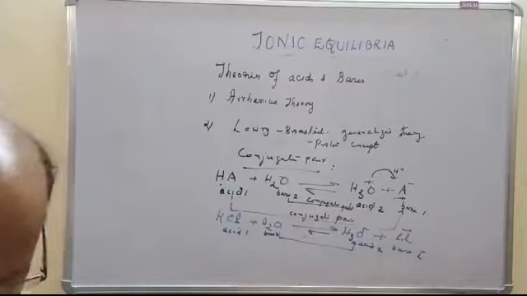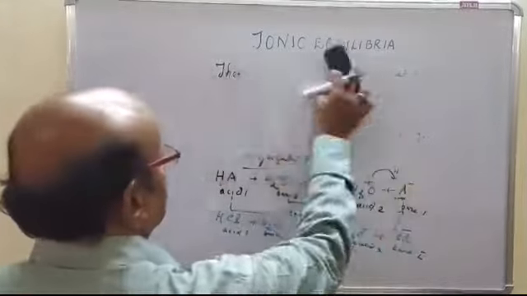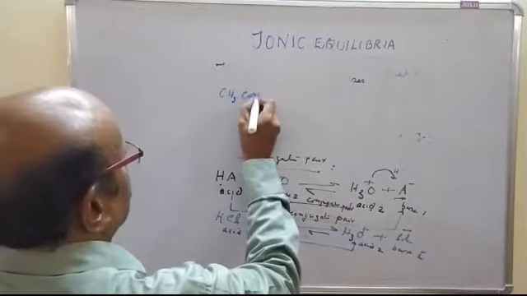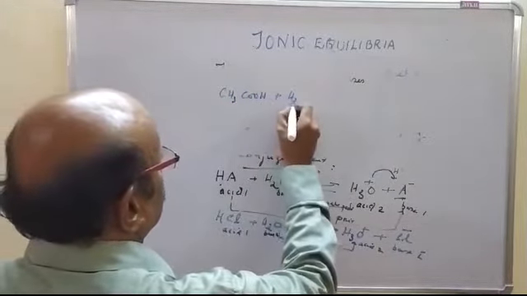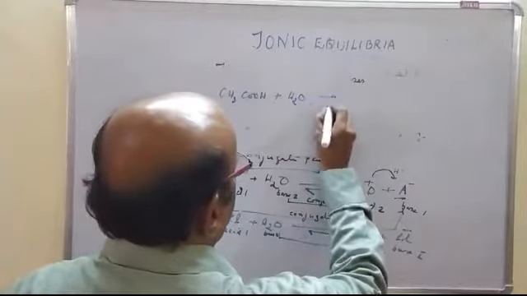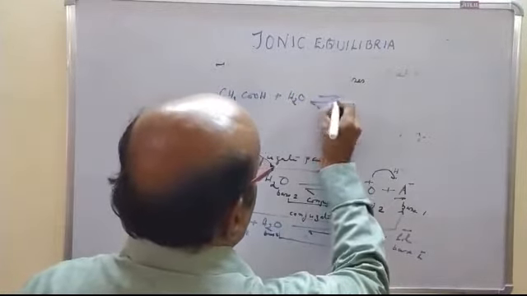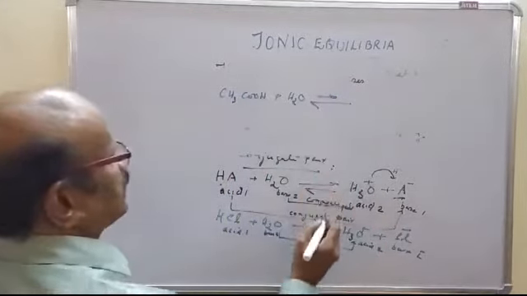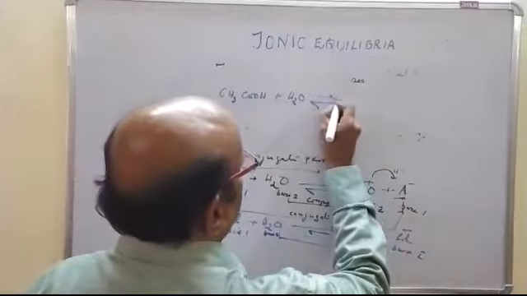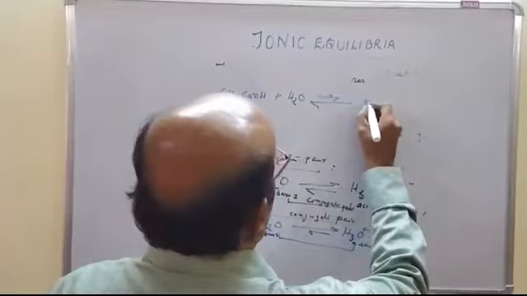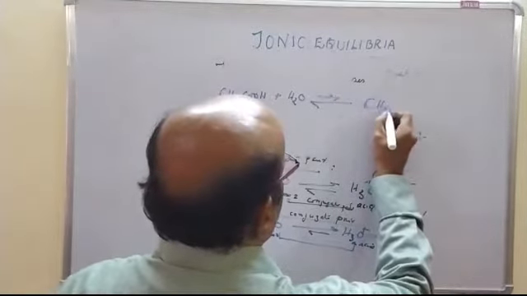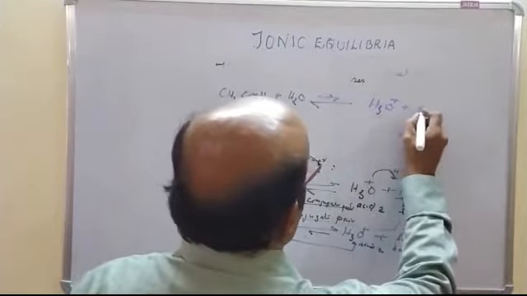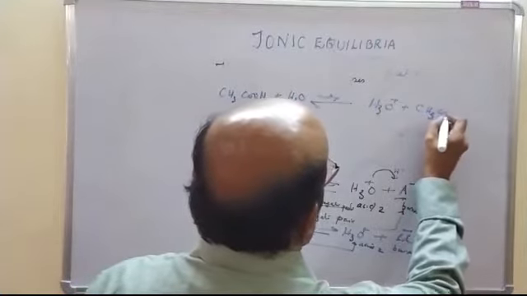On the other hand, you consider another acid, that is CH3COOH, all of you know. CH3COOH plus H2O reversibly gives, look at this equation, in this case we have the hydronium ion, H3O plus, and CH3COO minus.